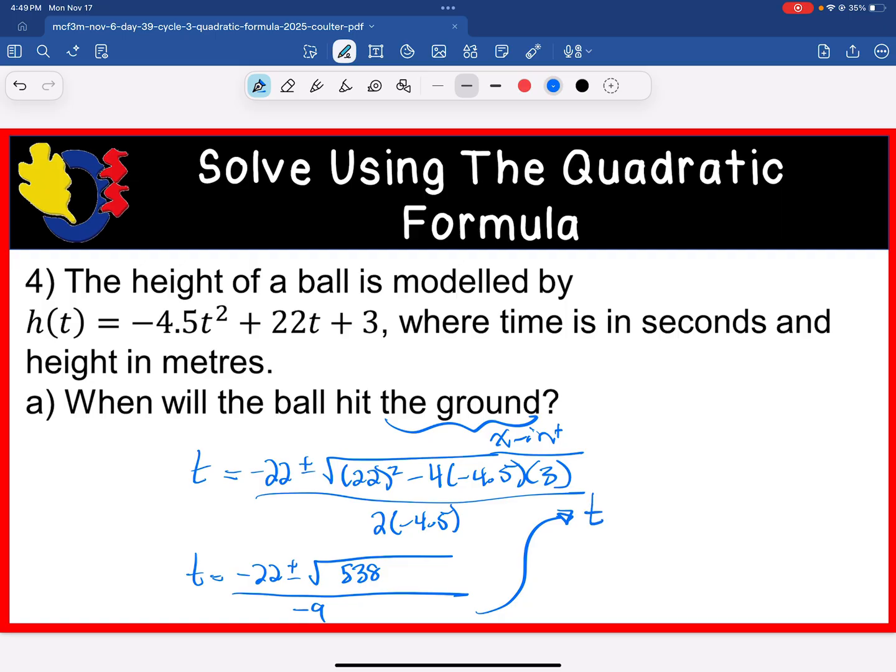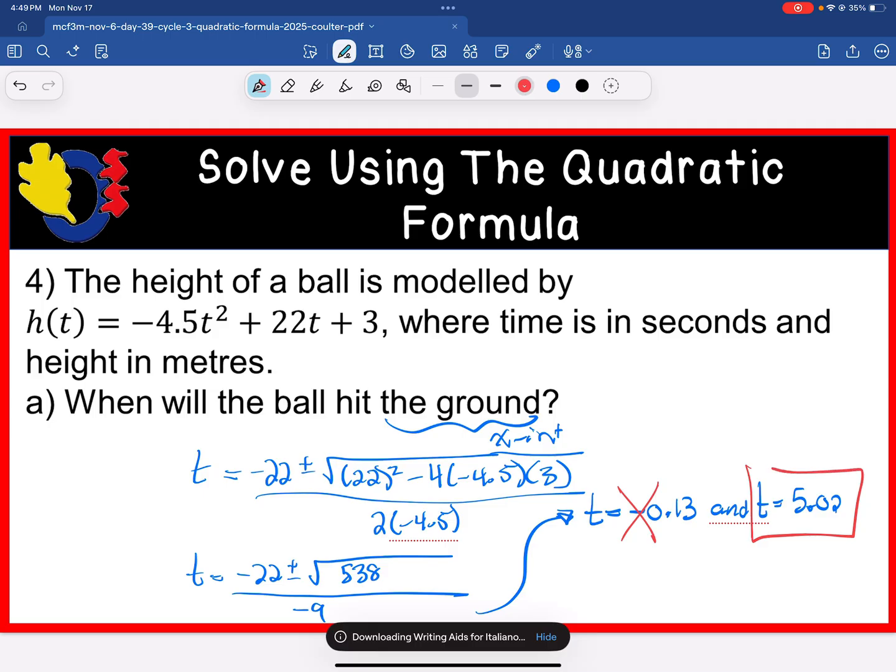So t is equal to negative 0.13 and t is equal to 5.02. So since time cannot be negative, we can't go back in time, t is equal to 5.02, so therefore the ball will hit the ground in 5.02 seconds.